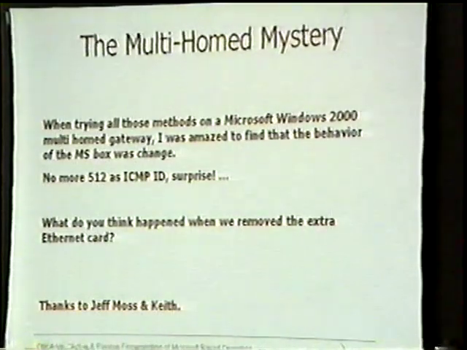So, as you can see, we have a nice method to differentiate between a multi-homed Microsoft box and a box that is not multi-homed. You can see that this actually gives you other kind of information. If you see ICMP ID 256, IP ID gap 1, here you go, Win2K multi-homed machine.